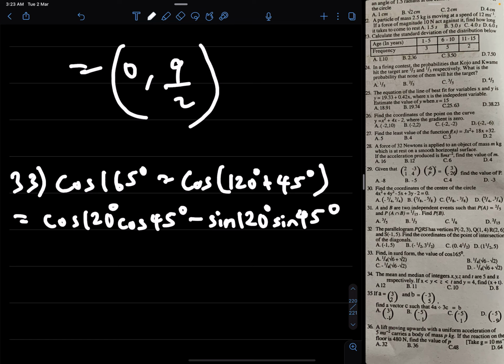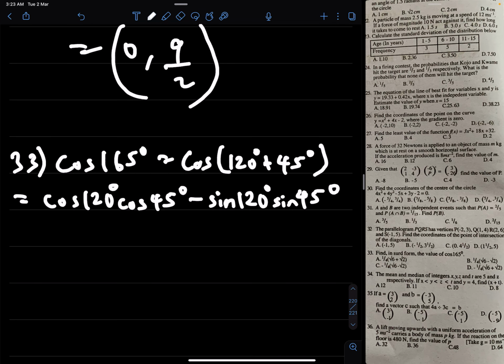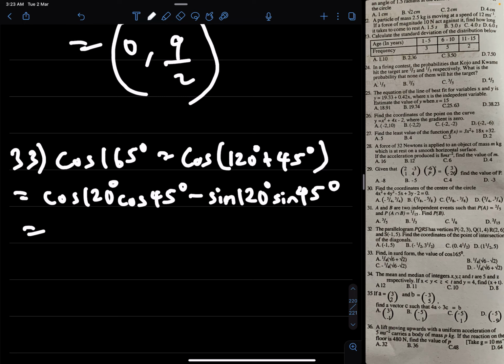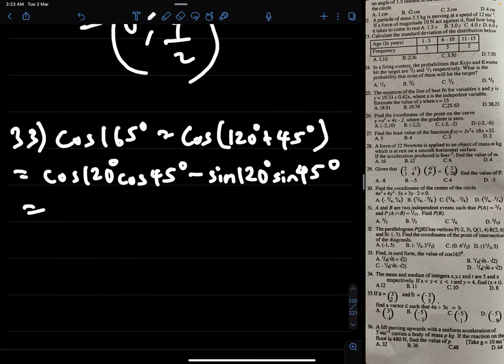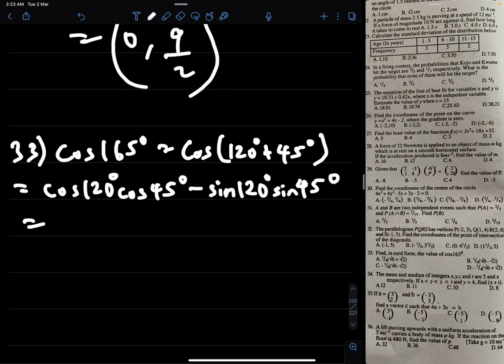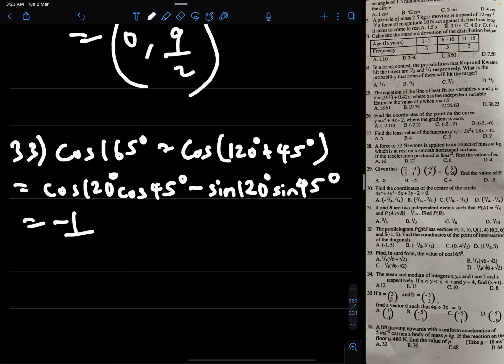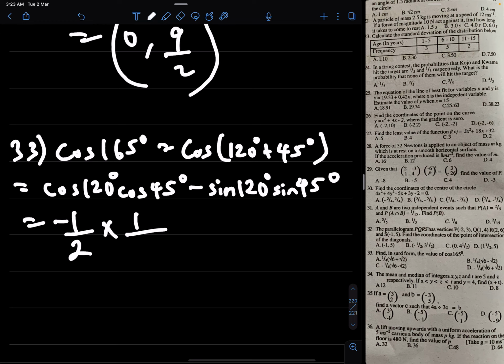Cos A plus B is the same as cos A cos B minus sine A sine B. And cos 120 degrees is the same as minus cos 60, which is minus 1 over 2, times cos 45, which is 1 over root 2.